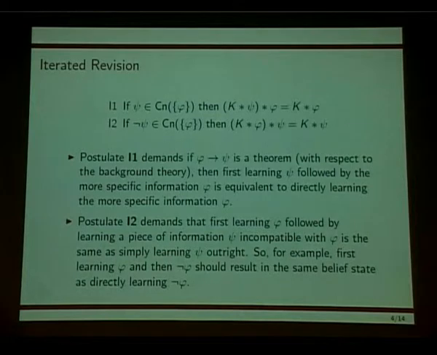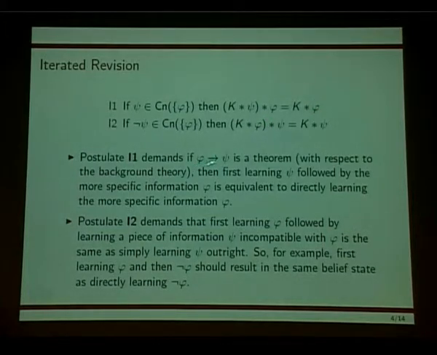Two of these principles were proposed by Stalnaker. The first one is I1. If psi follows from phi, that is, phi implies psi as a theorem with respect to the background theory K, then if we first do a revision with psi and then with phi, you might as well have done it with phi straight away.